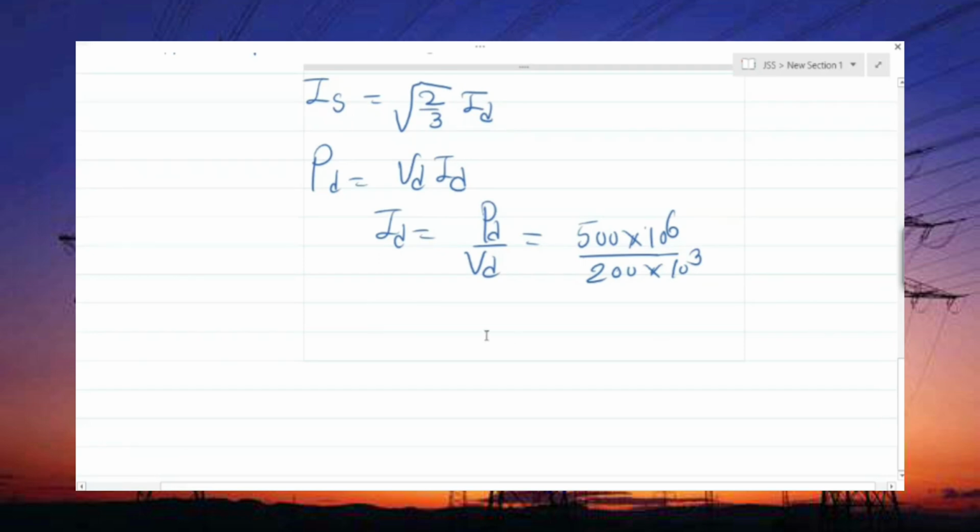So you will get the value of ID equal to 2500 ampere.